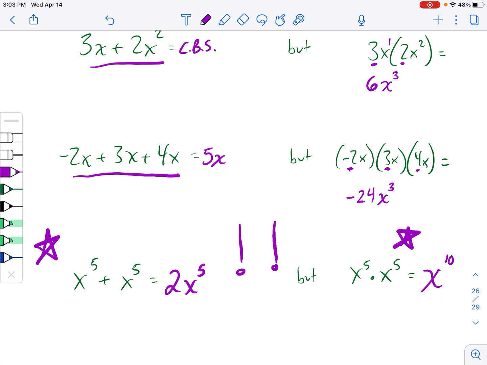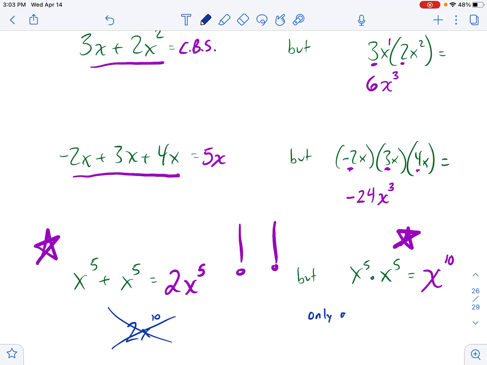Sometimes I get kids giving me bad answers, such as 2x to the 10th. Please remind yourself that you only add your exponents when you multiply. And when you are adding, don't touch the exponents. Look, when you're adding, they're all the same.